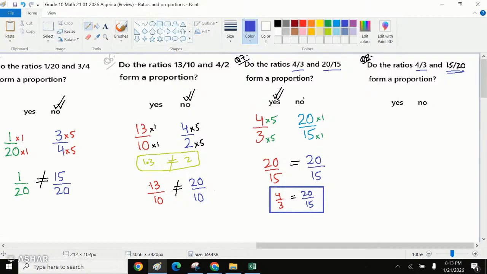But for the question number 8, what we did was we changed one value. Okay, let's see now if they have a proportion or not. So if we say this was 4 upon 3 and the next number was 15 upon 20, right?